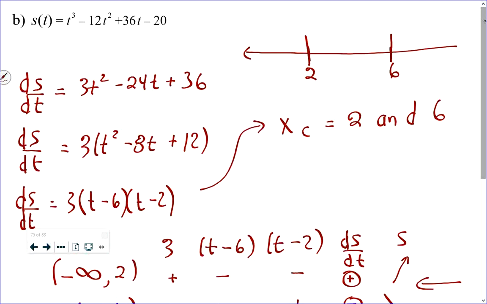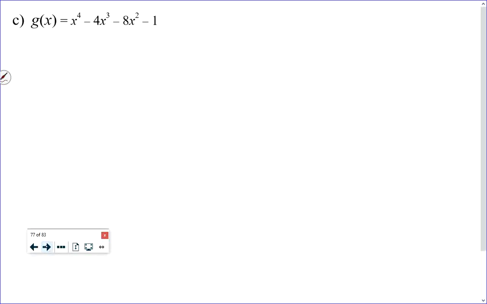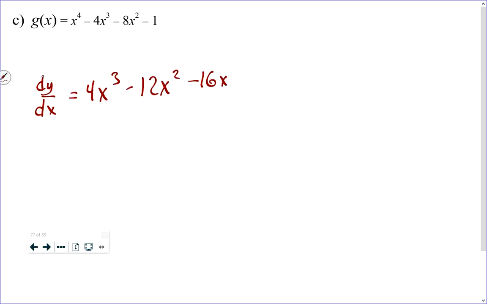All right, let's try a couple more. C. Let's try a degree 4. So g prime of x, I'm going to use dy dx. dy dx is equal to 4x cubed minus 12x squared minus 16x. I always want to work that towards a factored expression. I can take out a 4x and be left with x squared minus 3x minus 4.